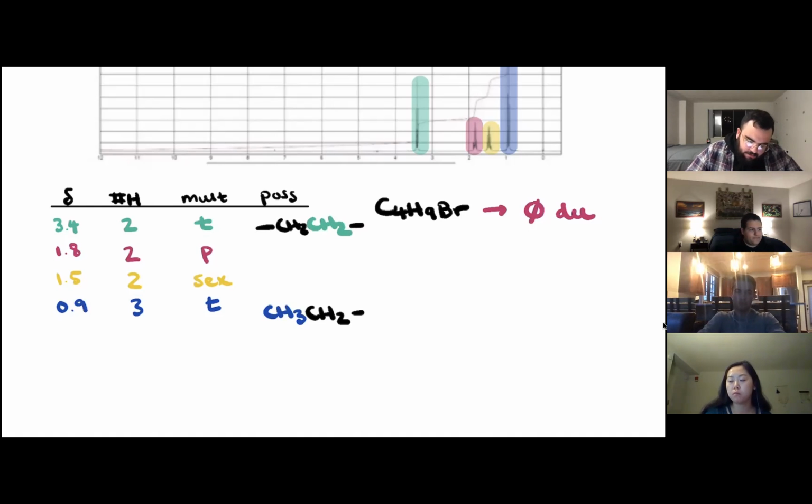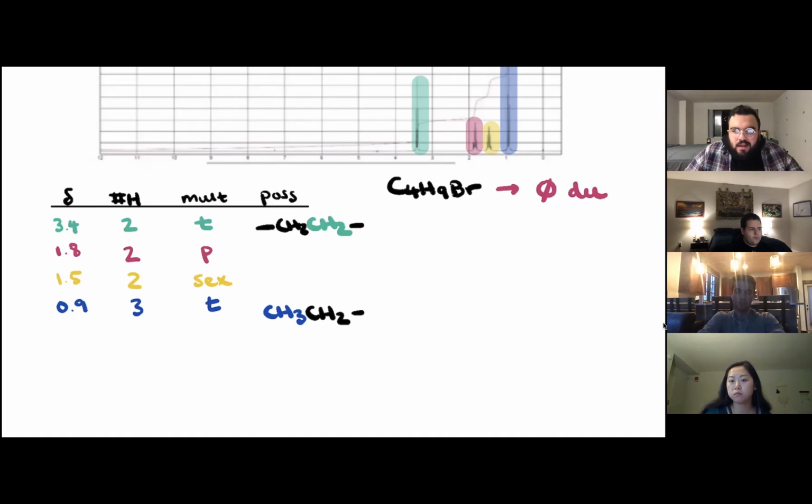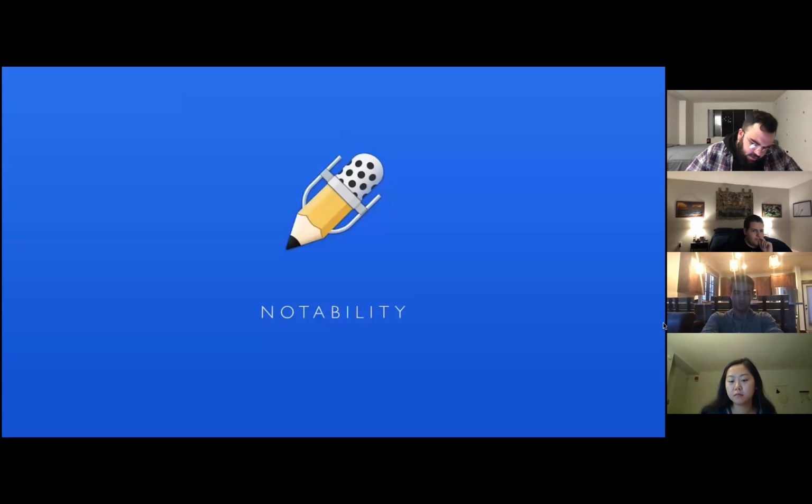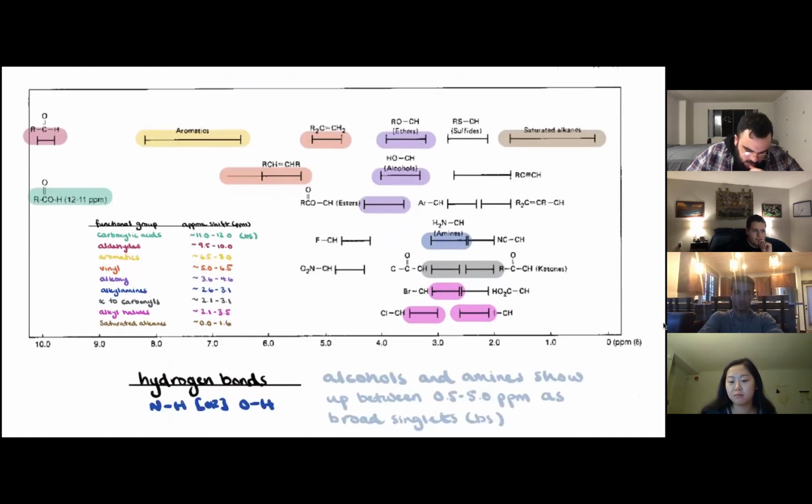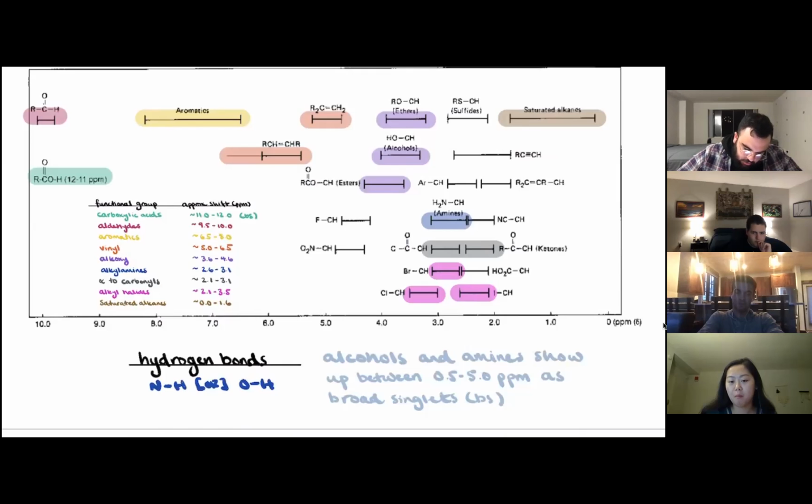But I want to sit here and question why that's appearing so far downfield. Remember, everything pretty much happens for a reason, unless it's some quantum mechanics stuff that you don't know, but I digress. So if you look at this, you see 3.4. If I look back at my shift table, I see that alkyl halides usually show up somewhere between 2.1 and 3.5.